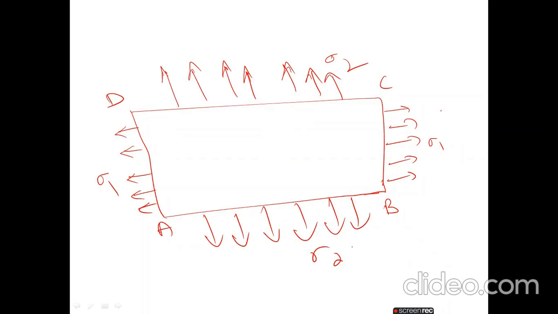This bar is subjected to the tensile stress sigma 1 on face BC as well as AD, then sigma 2 on face CD and also AB. Next, the third one is a simple shear stress tau on face BC and also AD.